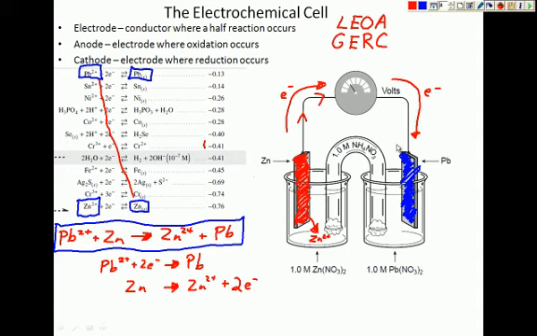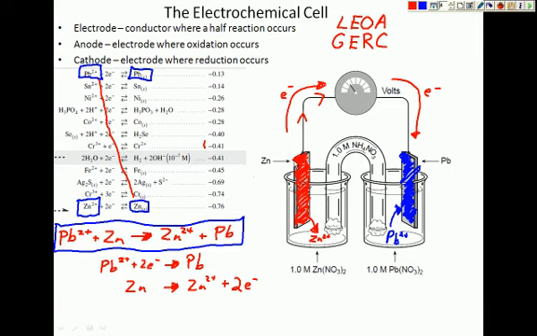Okay, so what is happening is these ions that are in solution, these Pb ions right here, so you have in solution Pb2+, right here, and it's going to be turning into Pb solid. Okay, and we see that right here. So as the reaction proceeds, what is going to happen to this electrode right here?